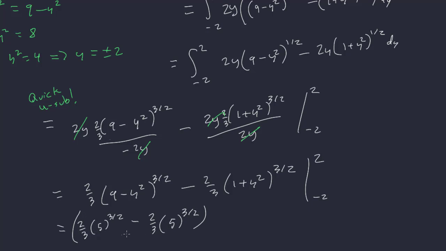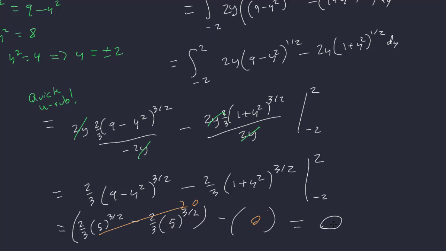Okay, and that's actually kind of interesting because that will cancel. Then we'll plug in the negative 2, but that's actually not going to change anything because we're just squaring this number anyway. So we should get 0 minus 0, which is 0, and we get 0.